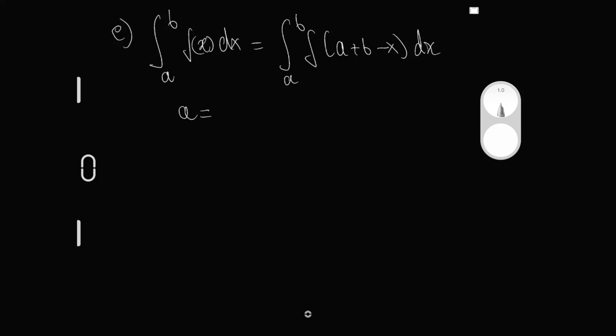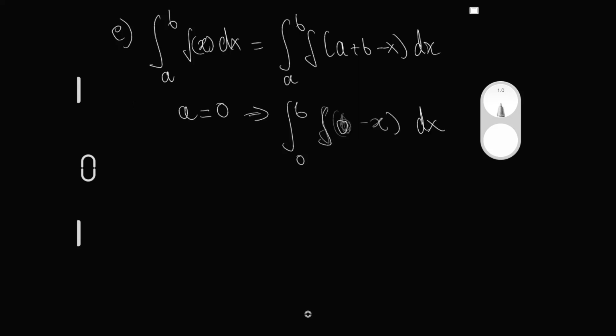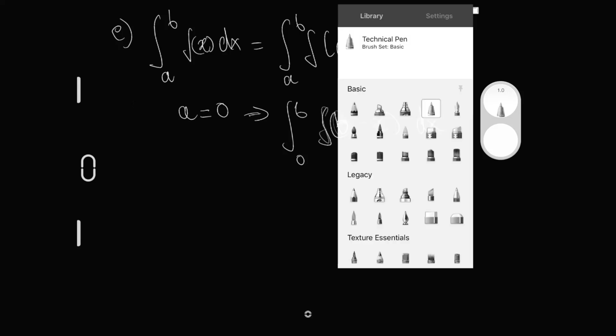Now if a is equal to 0, then it becomes integral of 0 to b f of b minus x dx. So these properties you must remember when solving definite integration. Now let us go and solve some problems right at the start.